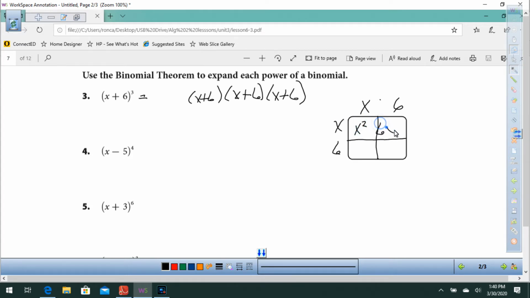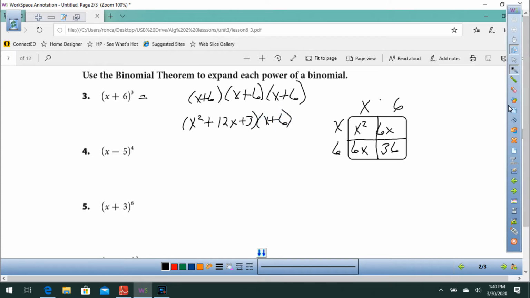X times 6 is 6x. 6 times x is 6x. And then 6 times 6 is 36. All right. So we would have x squared plus, and then 6x and 6x would be 12x, and then 36 times x plus 6. Okay.